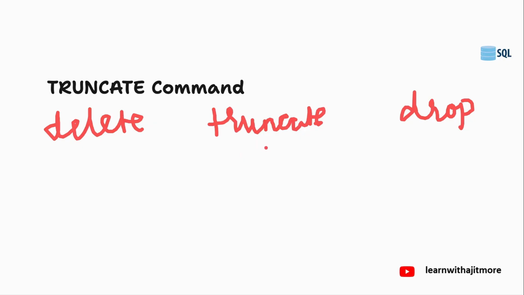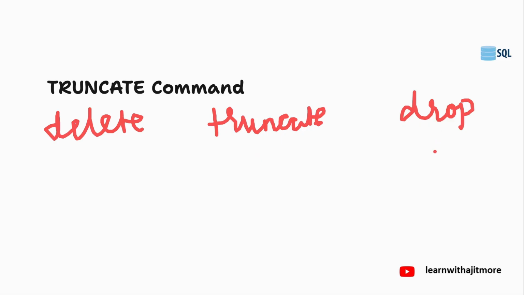You cannot specify a condition. It is simply going to remove all the records. Therefore, removing all records is faster. So truncate is always a faster activity compared to delete. Because in case of delete, if you use a where clause, then it has to check the condition and then only delete the record. So obviously deleting using delete is always slower compared to truncate.